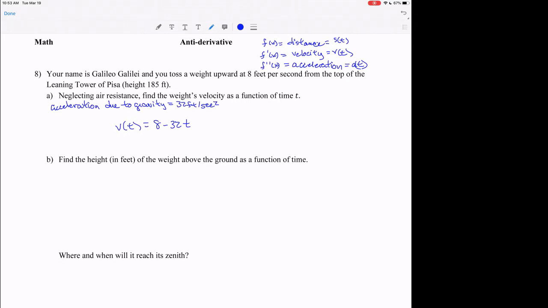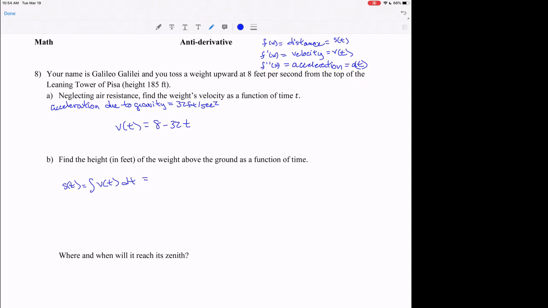Since the derivative of distance is velocity, then the integral of the velocity is the distance. So s of t now equals the integral of v of t dt.